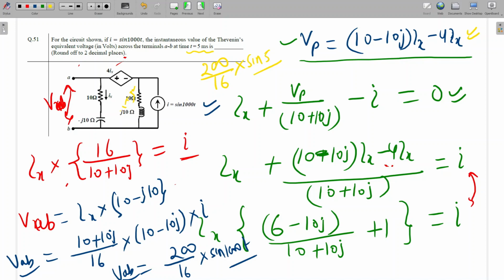Can anyone calculate this value? 200 divided by 16, and sine 5 in radians is about minus 0.96, so the answer is minus 11.98 volts. See, with one simple KVL equation you reach this point, put in the value of t, and you get the final answer.